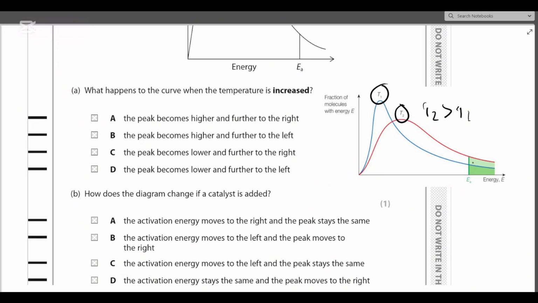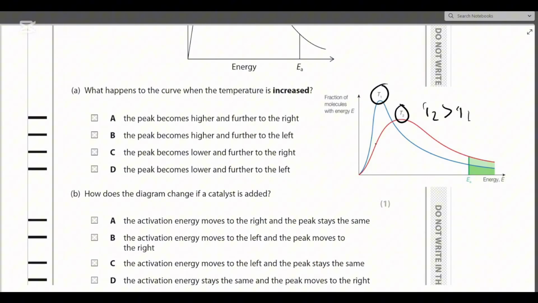As we can see very clearly, the green area for the red curve is higher compared to the blue one. Of course the peak will become lower. The area between both curves, blue and red, is going to remain the same, but the peak is going to decrease.